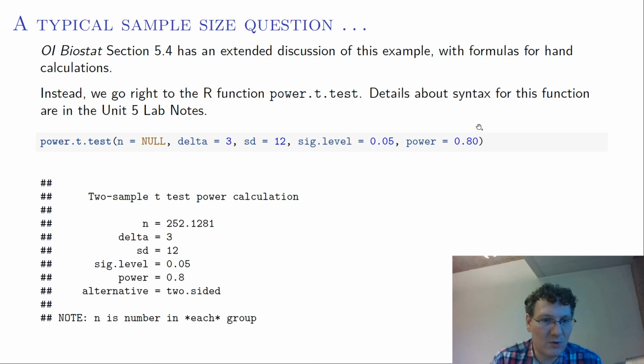You round it up: 253 individuals would be necessary in our sample size in order to have a power of 0.80. That is to say, to be able to correctly reject the null hypothesis if it's false. If a true difference really does exist, we would have an 80% chance of detecting that difference.